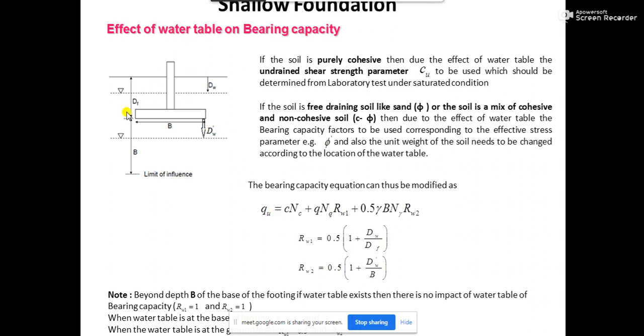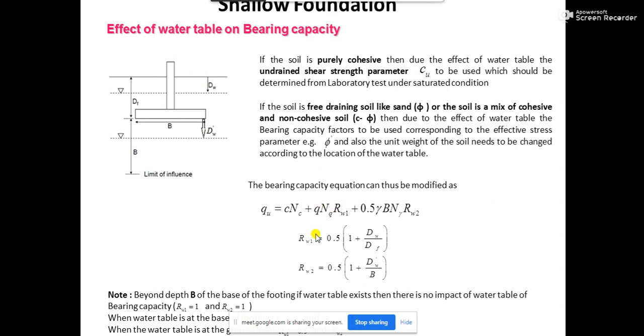When the water table reaches the ground level, the complete portion of the soil up to the depth of the footing will be under submerged condition, and the submerged unit weight of soil is equal to half of the saturated unit weight of soil or the bulk unit weight of soil. So when this Rw1 takes a value of 0.5, what is actually happening?